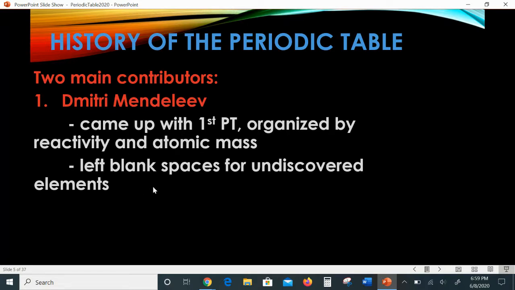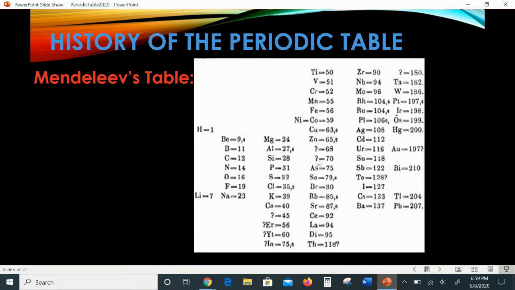And the beautiful thing about this guy is he left blank spaces for the undiscovered elements. So you'll see here these two question marks for atomic mass of 68 and 70. He knew these weren't discovered yet based on the reactivity series that he had going, boron, aluminum. He knew something needed to be here, and he knew something needed to be here under silicon. He just knew, well, I guess we haven't figured those out yet.